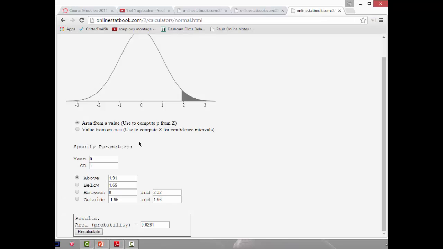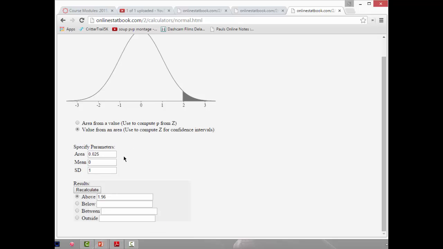Now, if I were using the website, I couldn't put in 0.2123. I would actually have to put in 0.7123, because I am looking for the area that corresponds to the value that's below 0.56, if you will. If I just put in 0.2123, it would give me a different value, and that's not what I want.